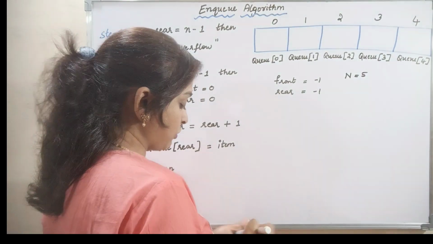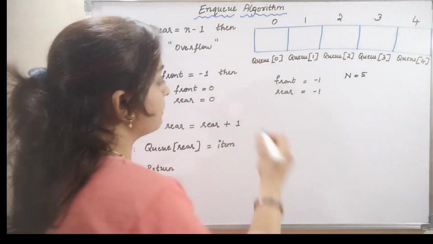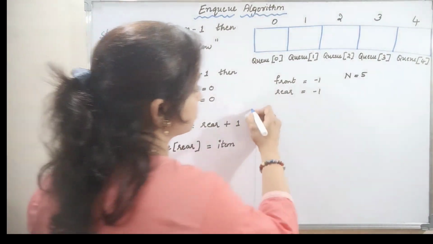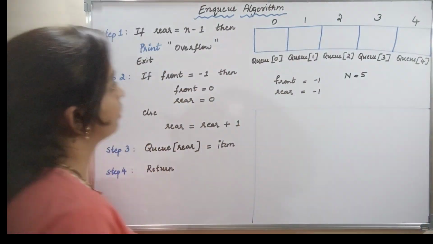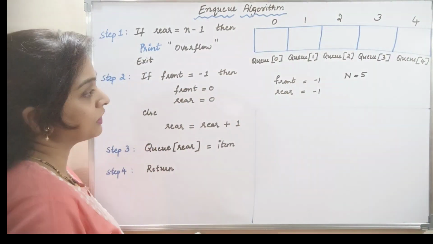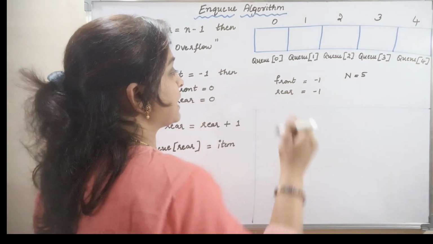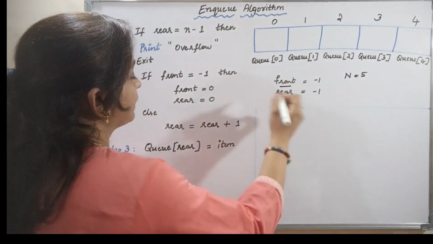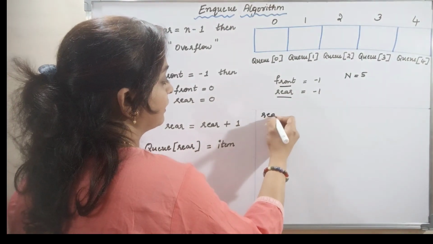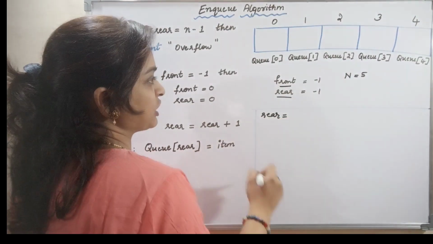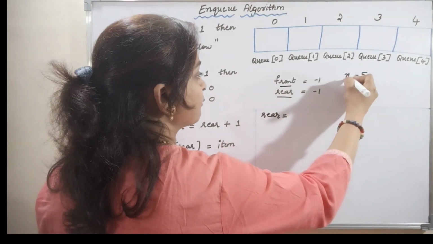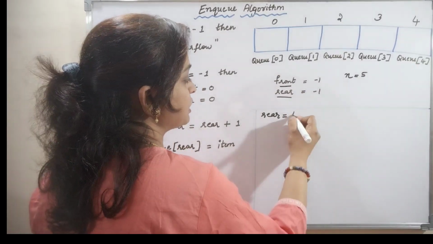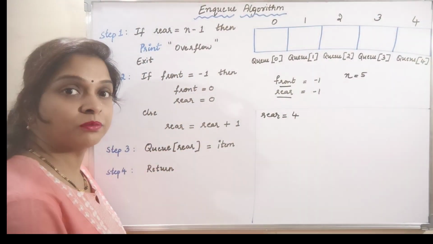Initially, I need to check: is rear pointer equal to n-1? By default, as I said, the front and rear are set to -1. Now check is rear equal to n-1. The n value I have given is 5. 5 minus 1 means 4. Is rear equal to 4?